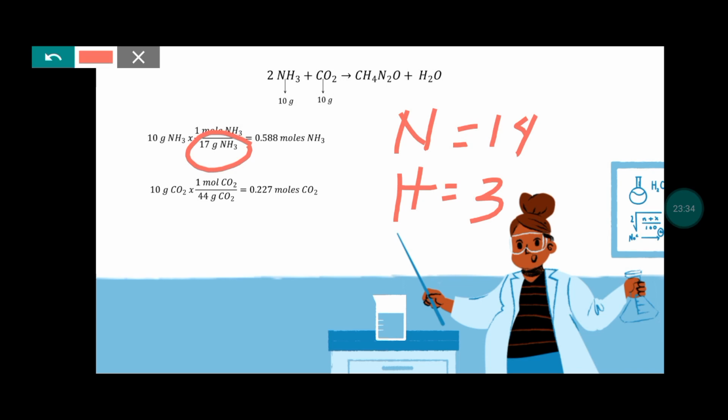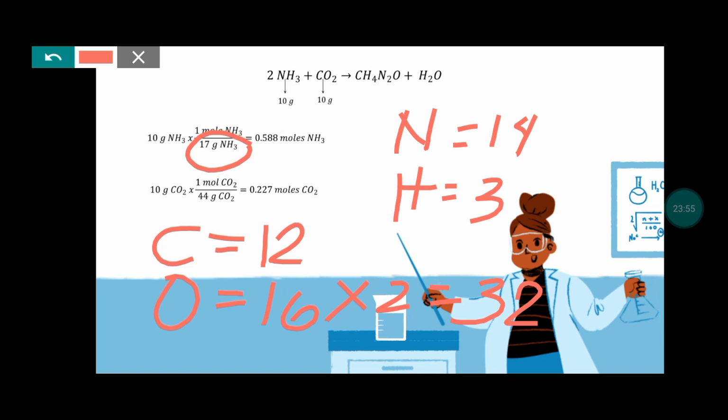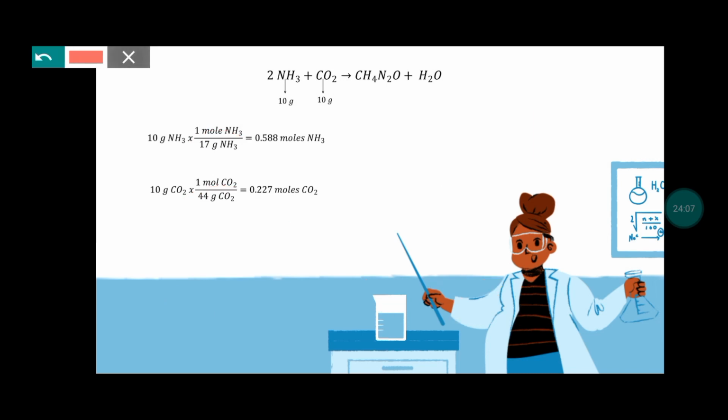So, per mole of carbon dioxide, we have 44 gram of carbon dioxide. Kasi C is 12 and O is 16 times 2, 32. So, 44. Kaya 44 gram yung carbon dioxide natin. And then, we are able to get 0.227 moles of carbon dioxide.